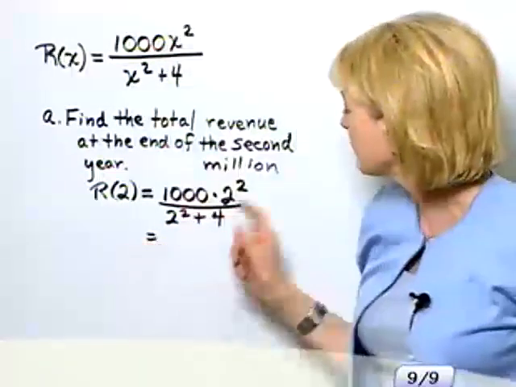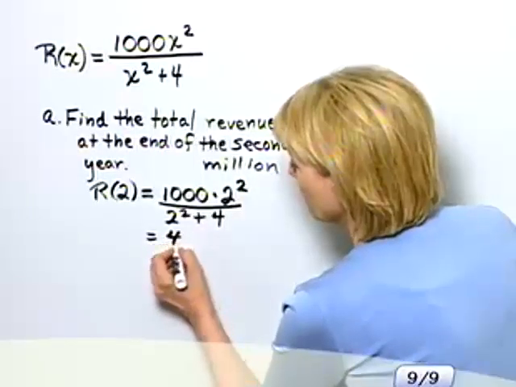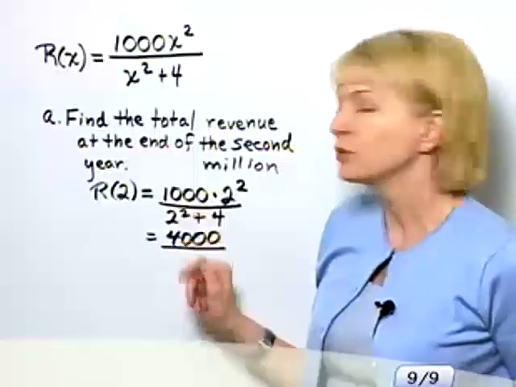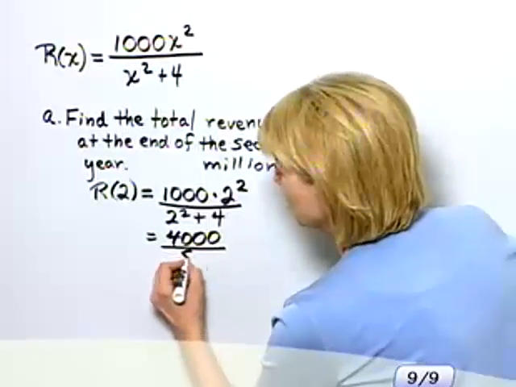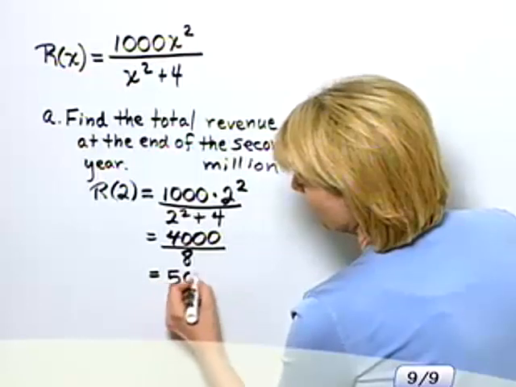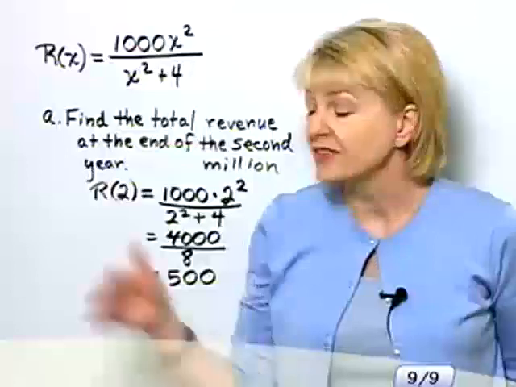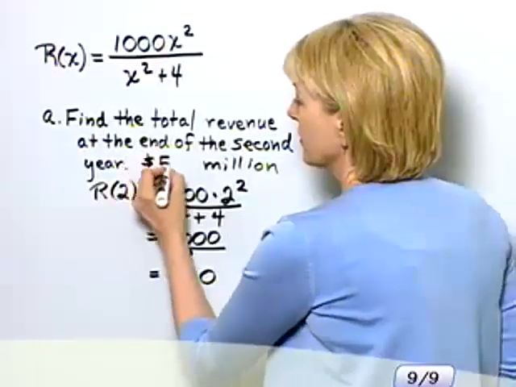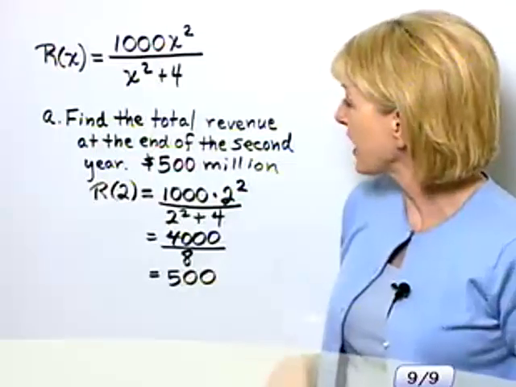So let's see what that is. 2 squared is 4. 4 times 1,000 is 4,000 in the numerator. What do we have in the denominator? 2 squared is 4. 4 plus 4 is 8. And then what is 4,000 divided by 8? Well, that's 500. So in the context of this problem, at the end of the second year, the total revenue is 500 million.